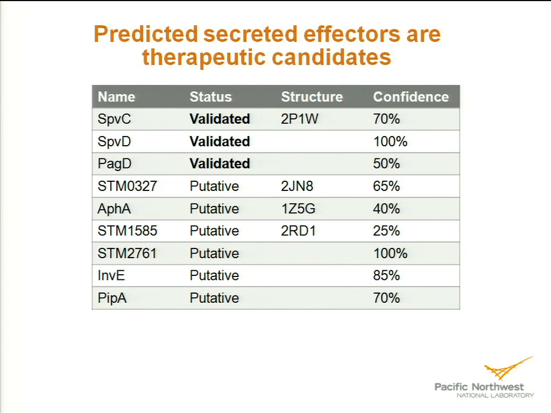Confidence here is the chance that you're getting a false positive, essentially. So 50% confidence means that you can have two predictions and one of them will be right. And these three I picked out because it turns out that they've had structures solved by structural genomics projects.